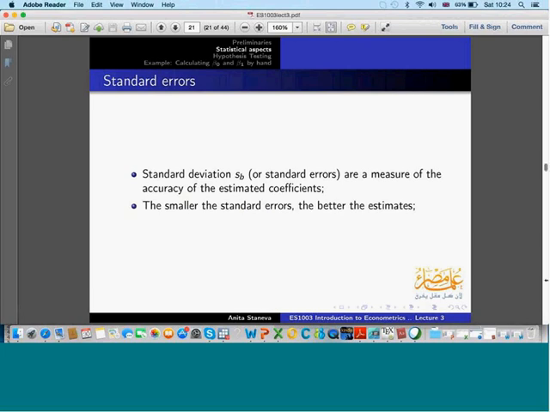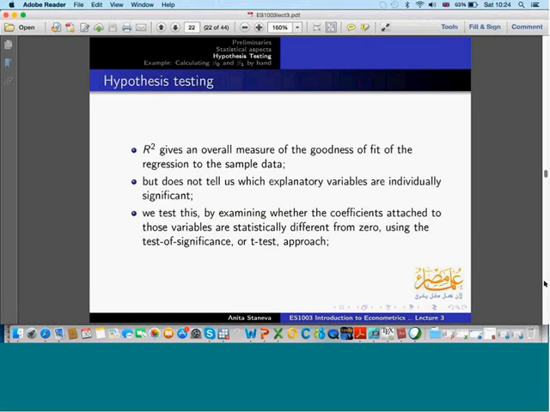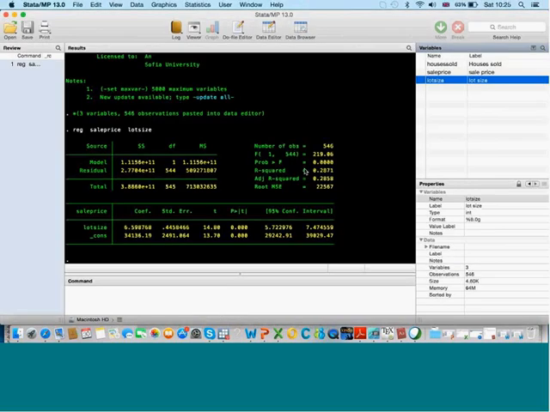But let me focus on how we test these estimates. Hypothesis testing is commonly carried out in empirical economics. The R-squared, which is given in this model, gives an overall measure of the goodness of fit of the regression to the sample data. It does not tell us which explanatory variable individually is significant.